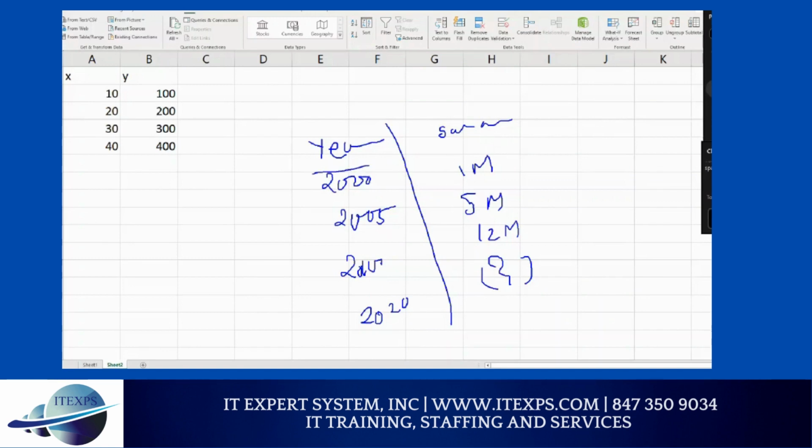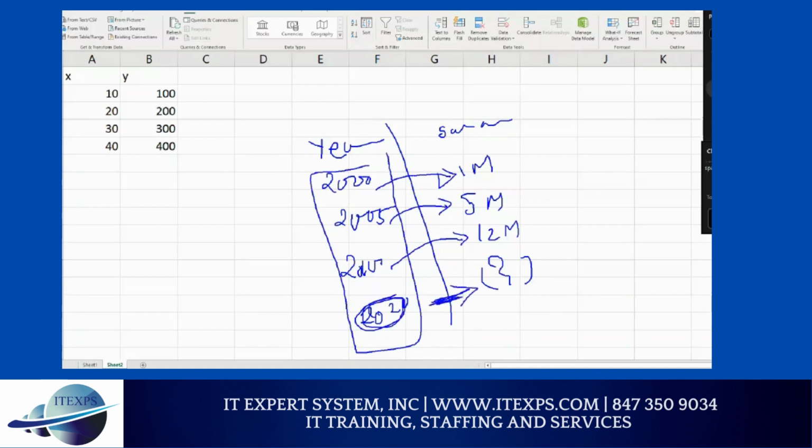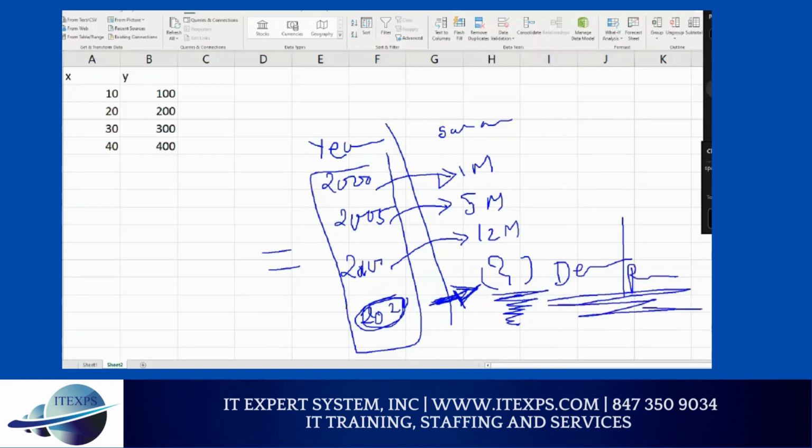Year, because this is driving the sales amount. So you know this, but if you have this year, what would be the sales? So anything you want to find out becomes the dependent or response variable.